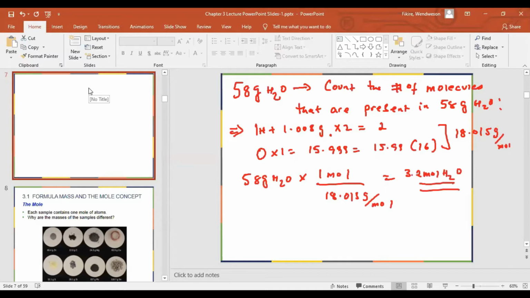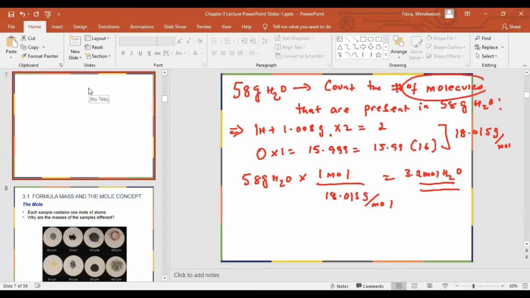Now I'm going to hold you here. So far, does anybody have any question about how Brittany converted 58 grams of water into moles of water? It's very important that everybody is on the same page. Up to this point, we still have to do more work to calculate the number of molecules, not the moles, but Brittany is following the right steps.